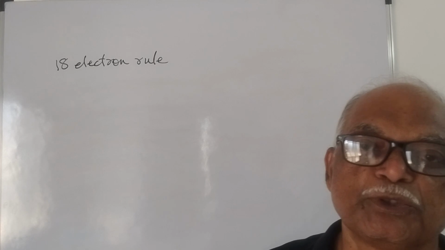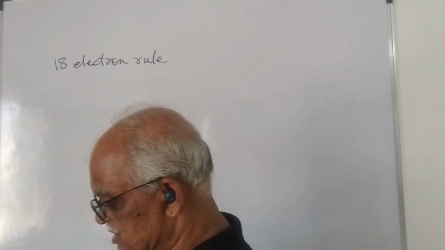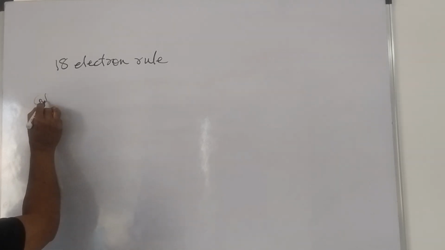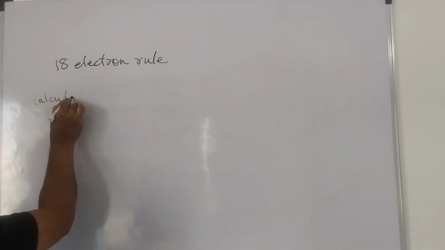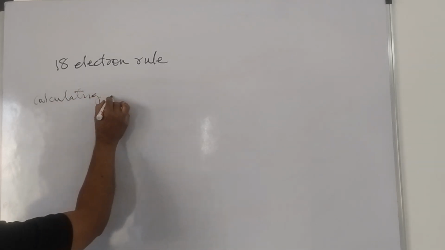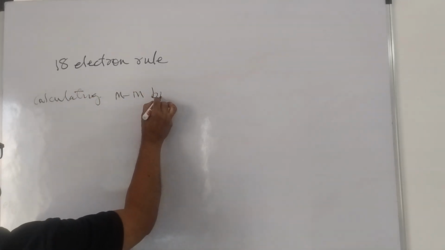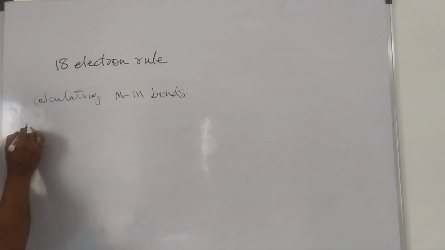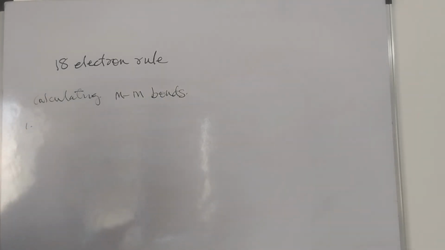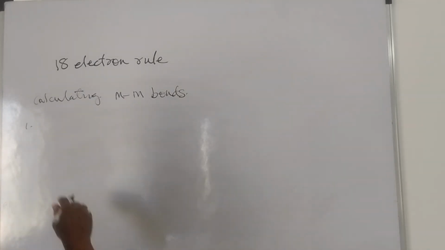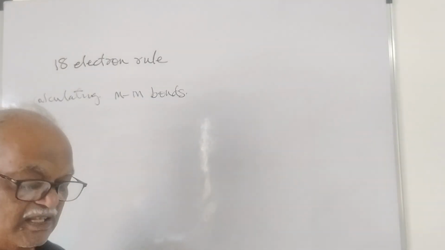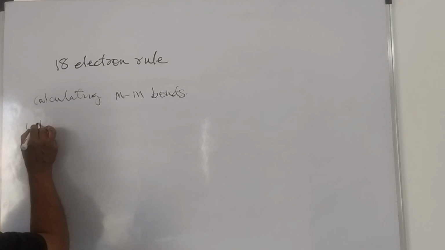Now when we want to count the number of metal bonds in a complex, there is a method. First of all, it is necessary to determine the total valence electrons in the entire molecule.